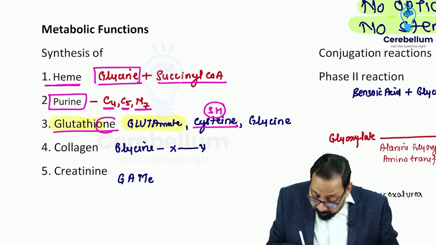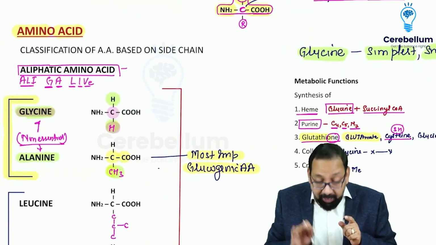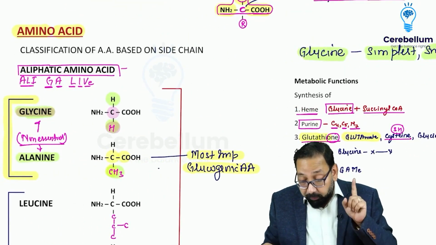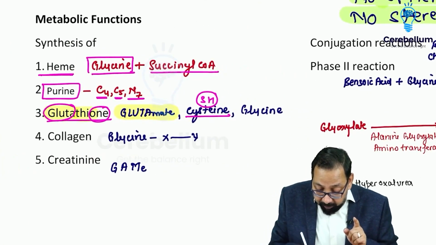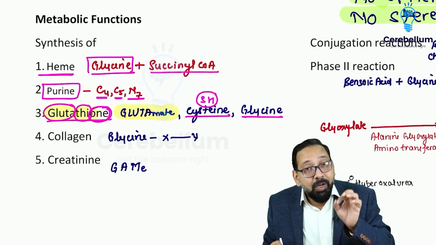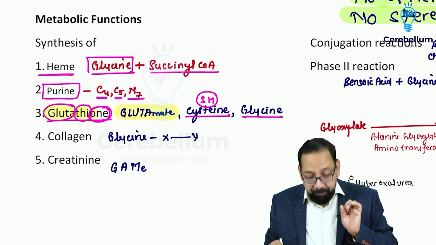And then one: I told you the first amino acid we discussed is glycine. So you can say gluta for glutamate, thio for cysteine, 1 for glycine. So glutathione is a tripeptide in which one amino acid is glycine.